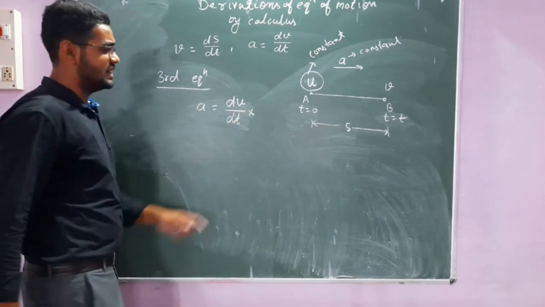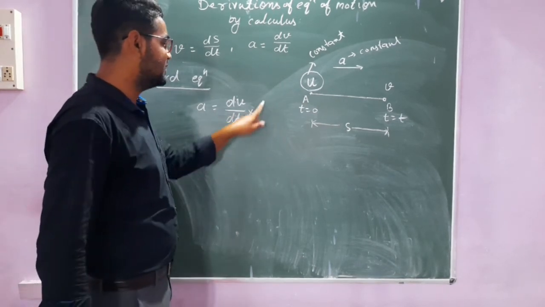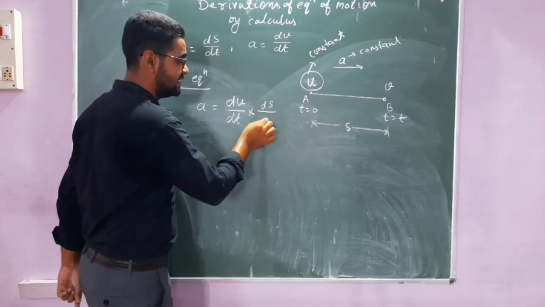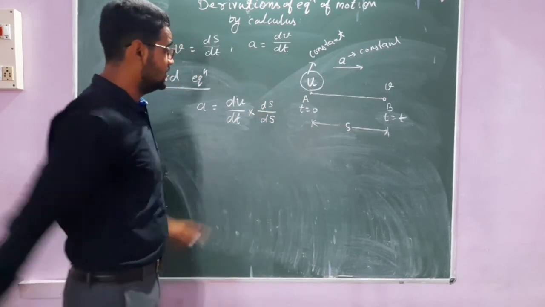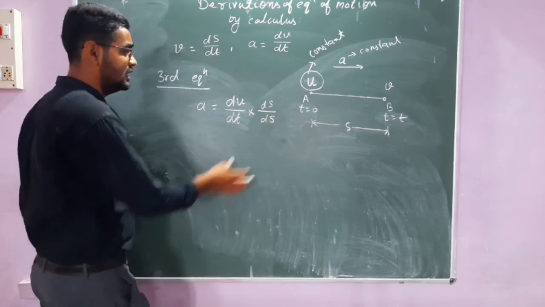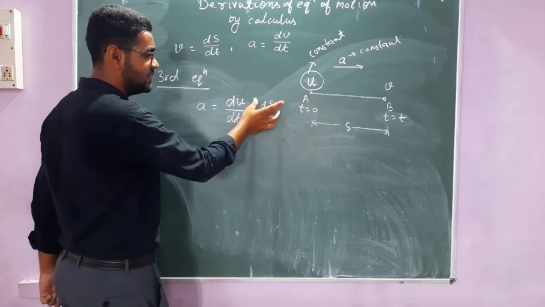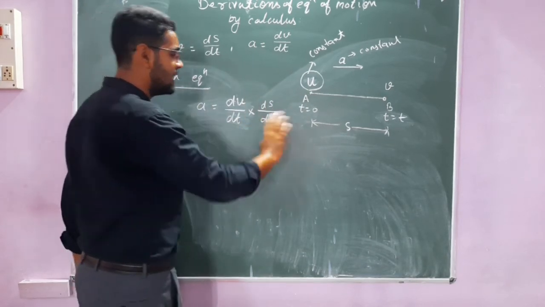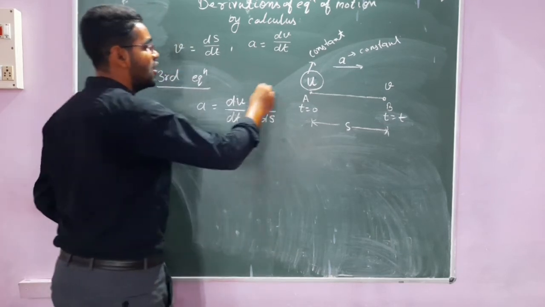If we multiply and divide by ds in the equation, ds multiplied and ds divided, then the whole equation will remain the same. What we have done? We have multiplied by ds and divided by ds. Then this whole equation will have no effect of this operation.